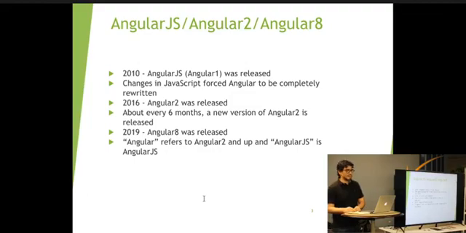To get the terminology correct, when people talk about Angular, they usually refer to Angular 2, and when people talk about AngularJS, it's AngularJS or Angular 1. When you go on the internet and look up tutorials on Angular, you can use Angular 2 tutorials, even though they're a bit outdated, for learning Angular 8.